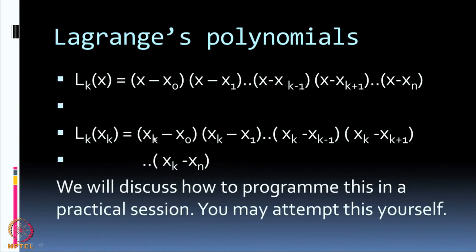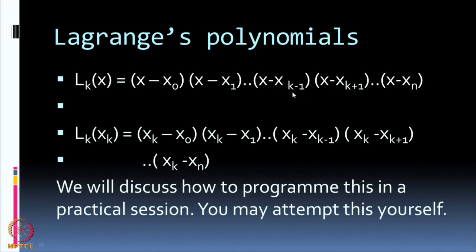Okay. So, what is Lk(x)? Lk(x) is (x minus x0) multiplied by (x minus x1) up to (x minus x(k minus 1)). Only the kth term is not there, that is, x minus xk is not here, because I want Lk(x) without it, then (x minus x(k plus 1)) up to (x minus xn). All the other products are there.